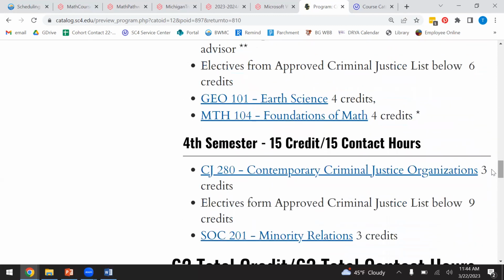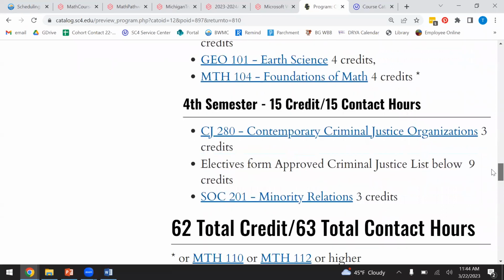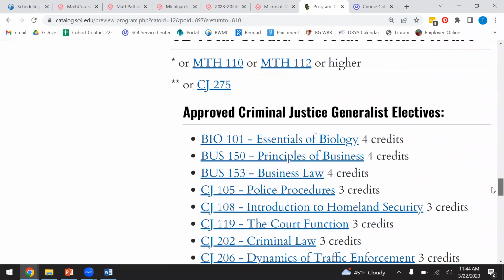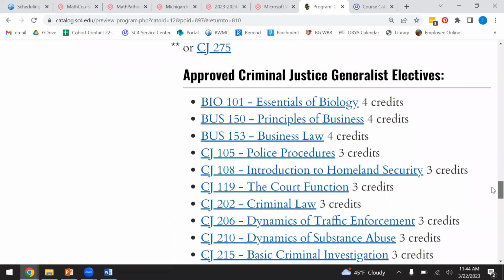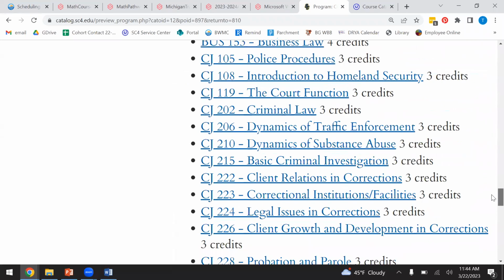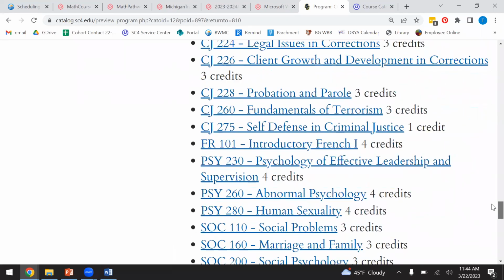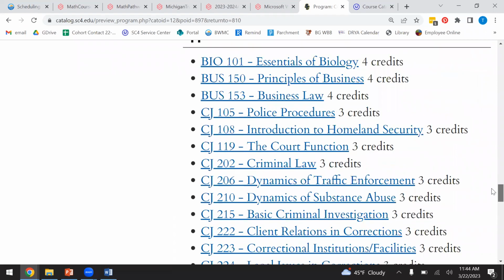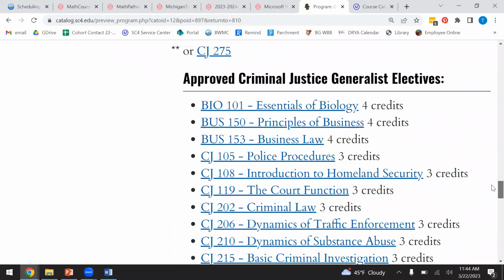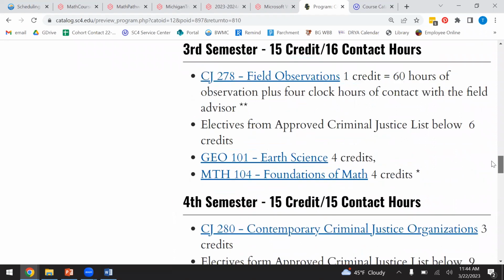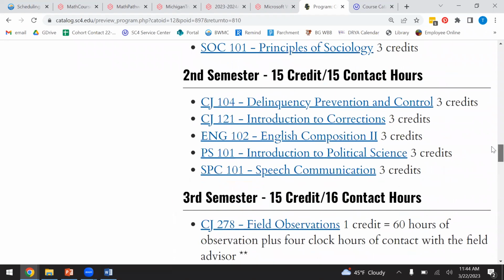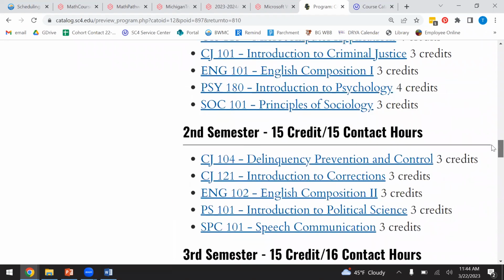In the case of this criminal justice degree, they actually have electives, but it has to be classes from this approved criminal justice electives list. So it's not like you can just take History 101 and it will count. It has to be from this list. So you can see there's not much room for anything other than what is listed here.